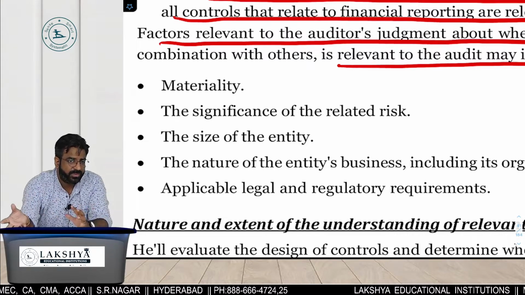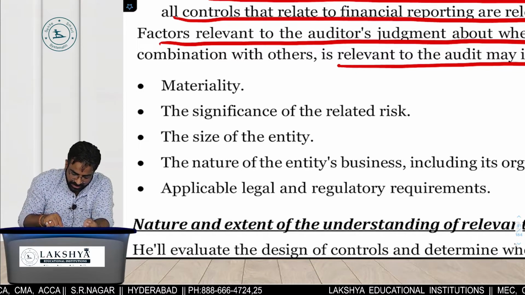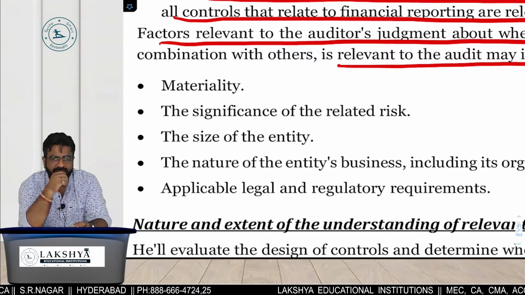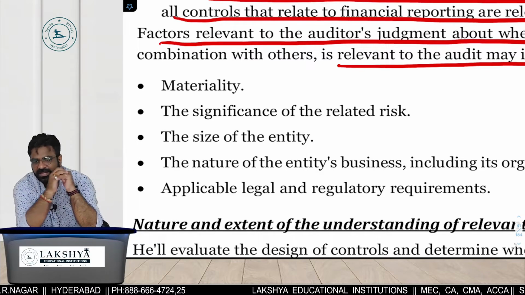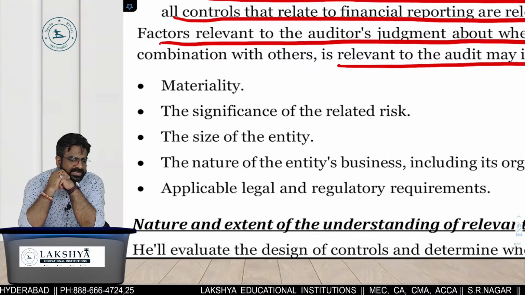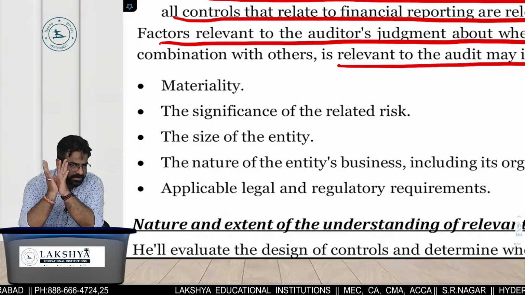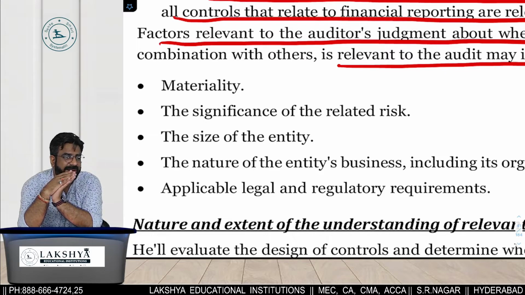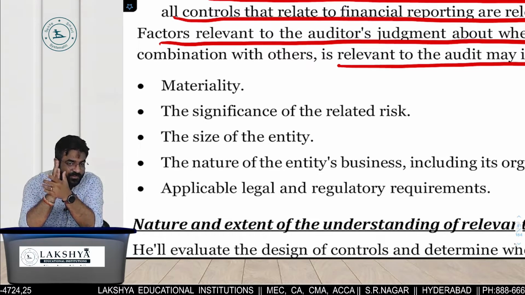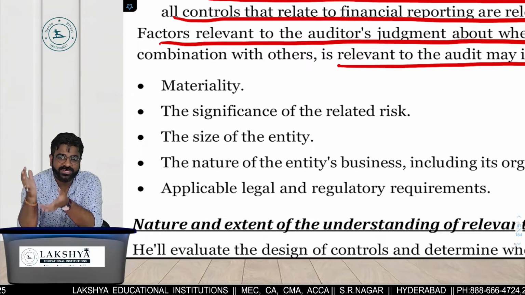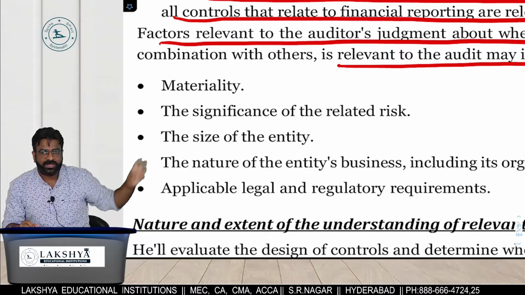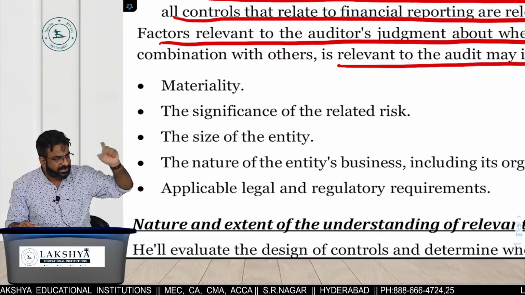Homo and hetero? And the last one, applicable legal and regulatory requirements. If my client is an unlisted company, what all is applicable to it? If my client is an unlisted company, Companies Act. But if my client is a listed bank, listen carefully, listed bank, 14 laws are applicable. Remember? In Audit of Banks, I told you the legal framework. RRB Act is also applicable.